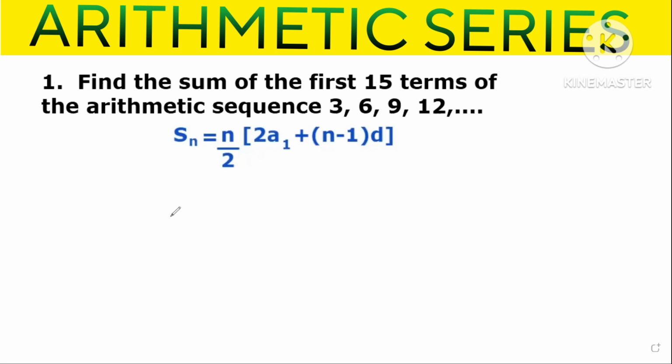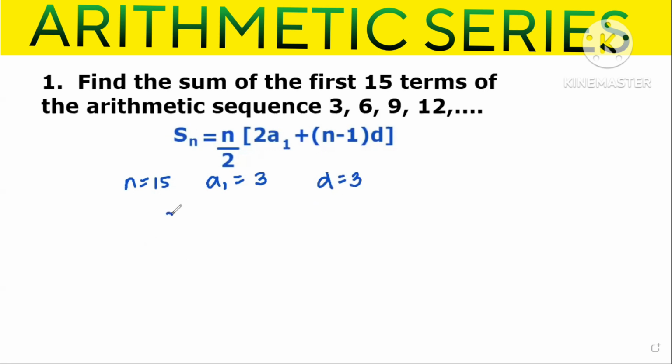We need n, the first term, and d. Now, since we're looking for the sum of the first 15 terms, then n is equal to 15. A sub 1 is equal to 3. And d is equal to the difference between two consecutive numbers, no? So, d is equal to 3.